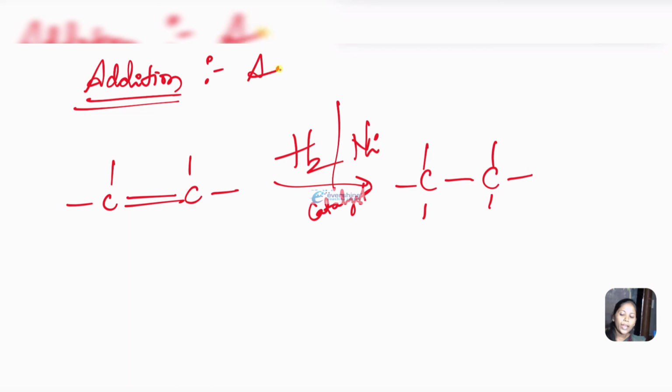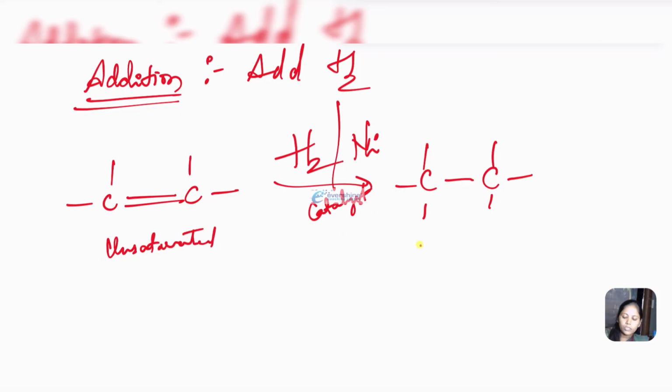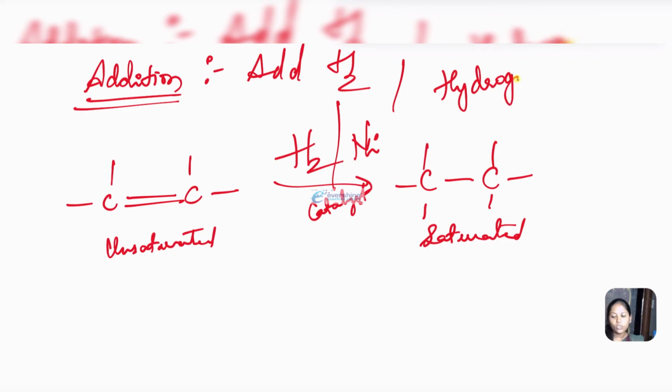So you can convert unsaturated hydrocarbons into saturated hydrocarbons in the presence of nickel or palladium as a catalyst. This is called what reaction? Addition reaction. And this is also called what type of reaction? Hydrogenation reaction. Hydrogenation reaction means converting unsaturated hydrocarbons into saturated hydrocarbons.